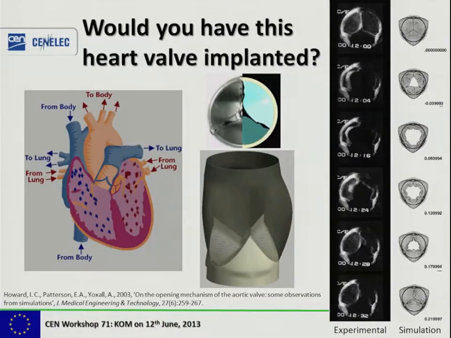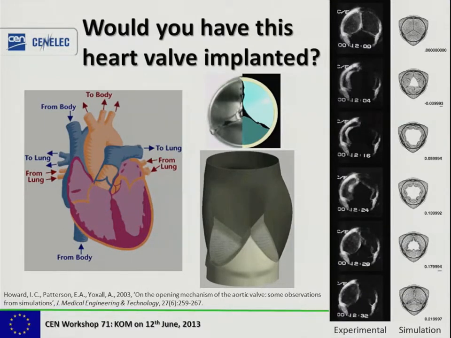And so then I made it even more personal by asking them, would they have this heart valve implanted? And so this particular heart valve comes from the aortic position. So this is the high pressure valve that controls the flow from the high pressure side of the heart out into the body. And in the center, the bottom, is a picture of a fluid-solid interaction model of the valve and the flow.